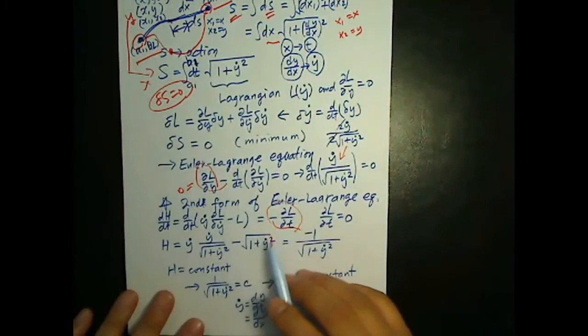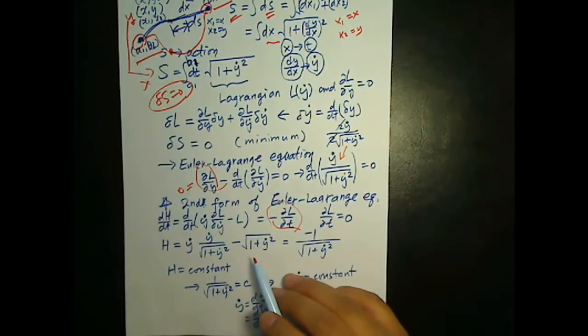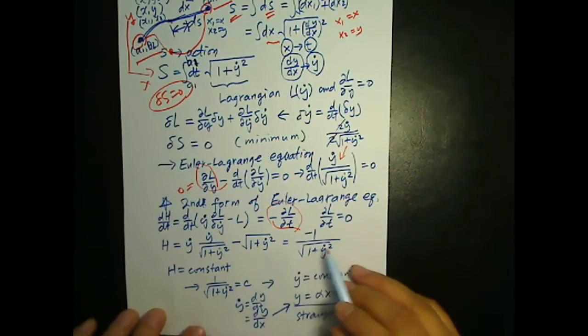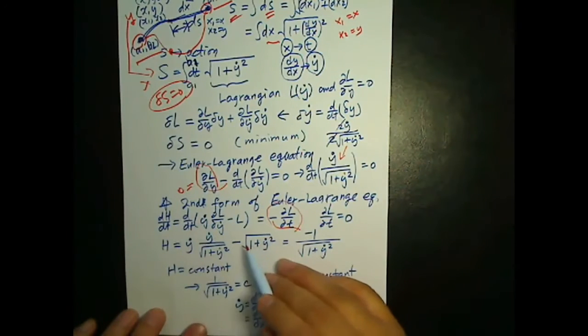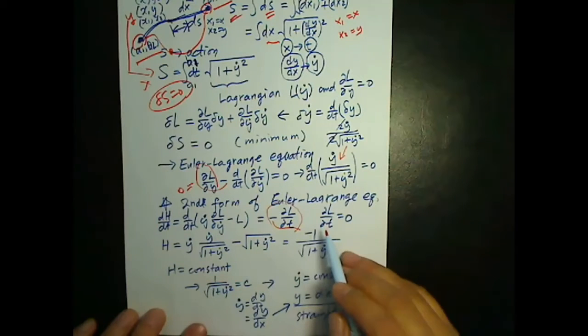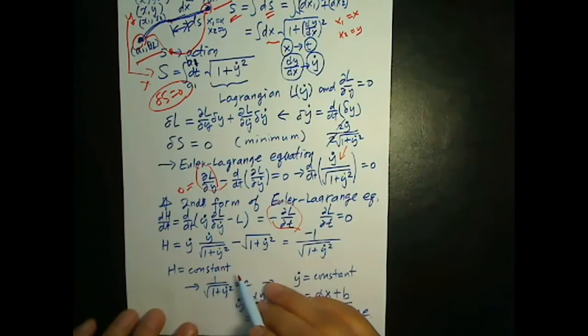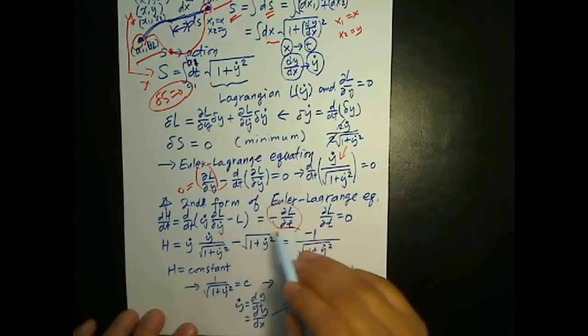I substitute the Lagrangian in here. I combine these two terms with the single denominator. It is 1 plus y dot squared, and the y dot squared cancels, and this one is minus 1. So the Hamiltonian is constant because L does not have a time dependence.